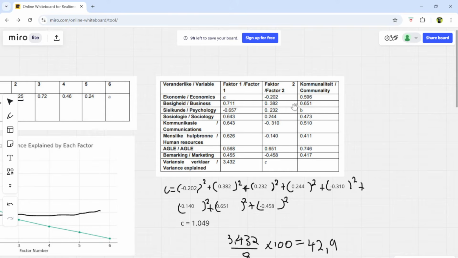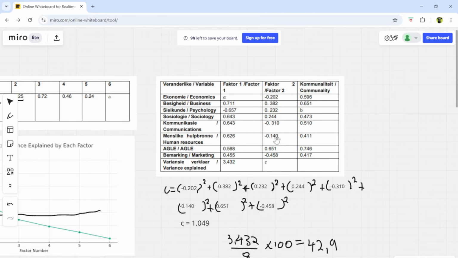So basically variance explained is for a factor and communality is for a variable. So when it comes to communality, they'll ask you to calculate the communality for a certain variable, and they'll also ask you to interpret it, right?